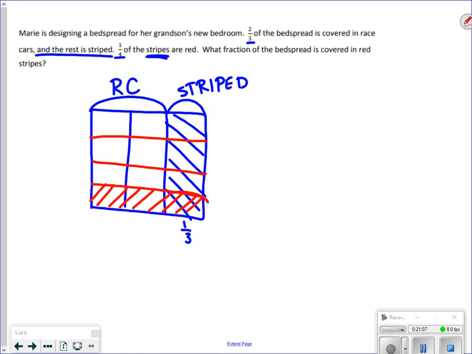Right here, 1 out of the 12. 1/12 of the bedspread is covered in red stripes.